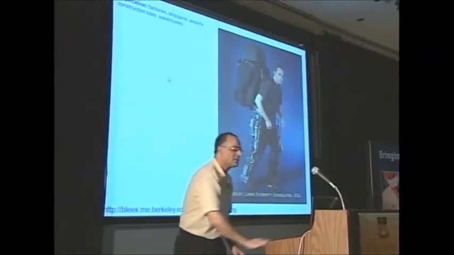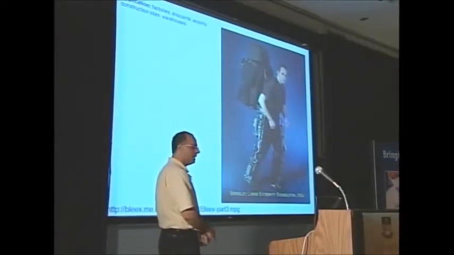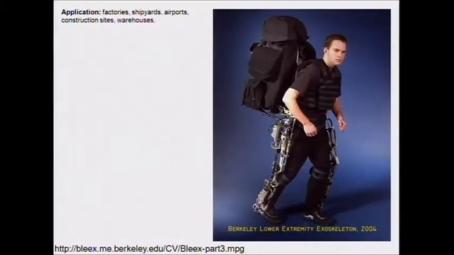So the same concept in 2004 was introduced again from University of Berkeley in this exoskeleton form. You can consider this one as another human being, which is attached to the first one, and all it does is follow the first person, but any load is going to be held by it.